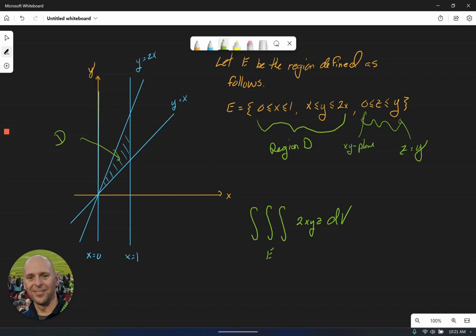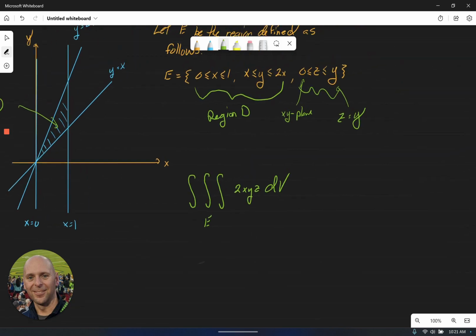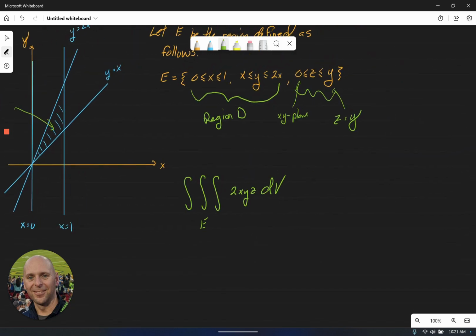Now let's start throwing some bounds on here. The way that I often think about doing these is as two separate schools of thought. We're going to integrate over our region D, and then on the innermost integral we're going to integrate from surface to surface. We identified up here the surface to surface is going to go from 0 to y.